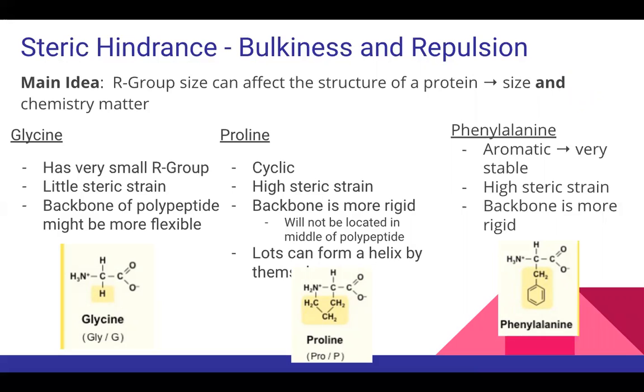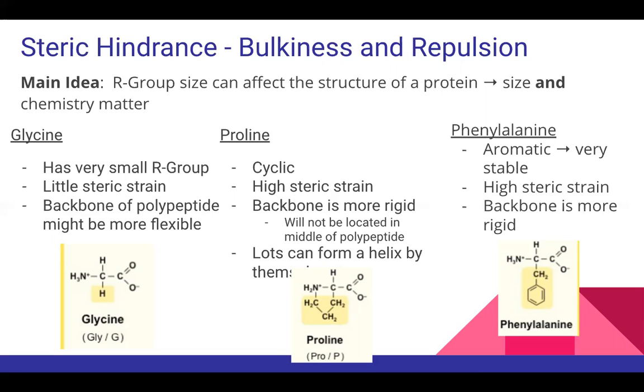And then if we move on to proline, it's cyclic, so it's not as stable as aromatic, but it can form a helix. It would make the backbone more rigid and cause high steric strain because it's big and bulky. Proline is the only amino acid where its R group is connected to the amino group, which means there's more steric strain. It will never be located in the middle of a polypeptide. There are some other things about proline too.